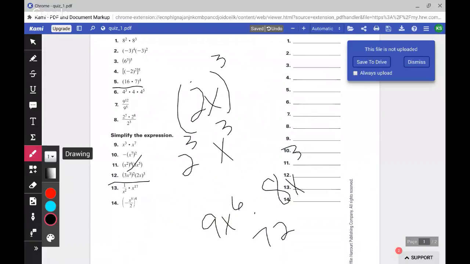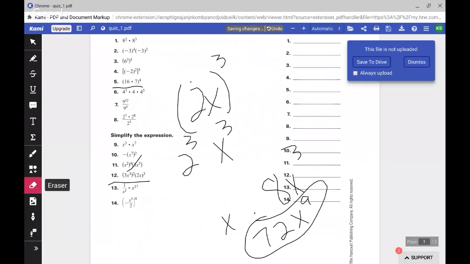So the bases are the same, so you add the exponents. You're not adding bases. You're adding exponents only. Bases, you still, technically are multiplying if it's a regular constant. So the final answer for that one was 72x raised to the 9th. That was one of the other missed ones.